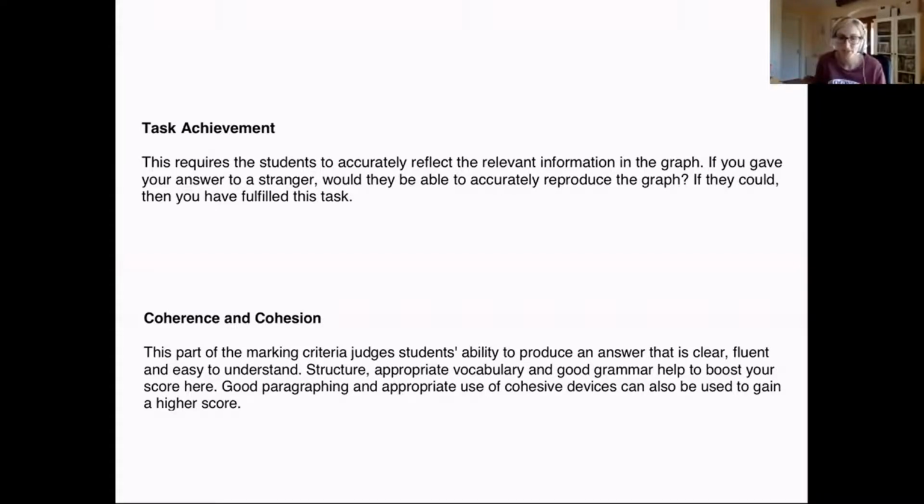Coherence and cohesion. So this part judges your ability to produce an answer that is clear, fluent, and easy to understand. The structure, using appropriate vocabulary and good grammar, help to boost your score. Good paragraphing and appropriate use of cohesive devices can also be used to gain a higher score. Do you understand what they mean when they say cohesive devices? Can anybody give me an example?